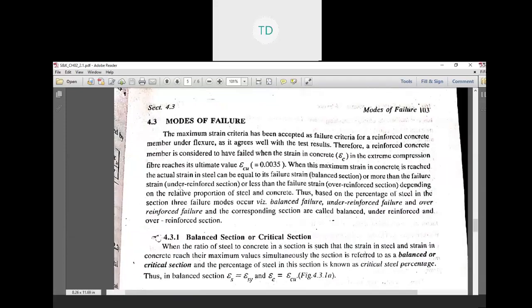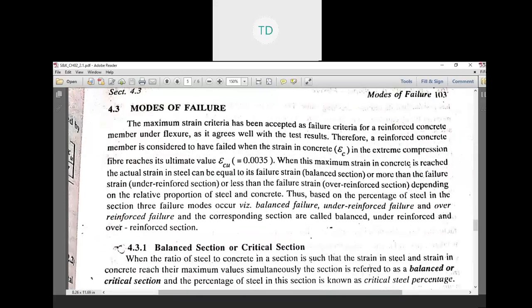Now, mode of failure. The maximum strain criterion has been accepted as a failure criterion for a reinforced concrete member under flexure, as it agrees well with the test results. Therefore, a reinforced concrete member is considered to have failed when the strain in concrete in the extreme compression fiber reaches its ultimate value, which is 0.0035, which we already know.